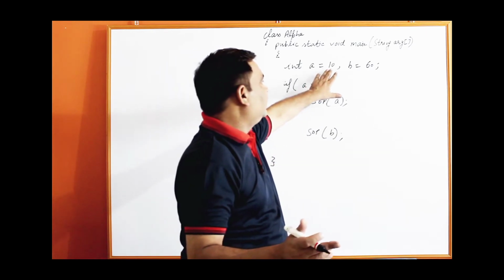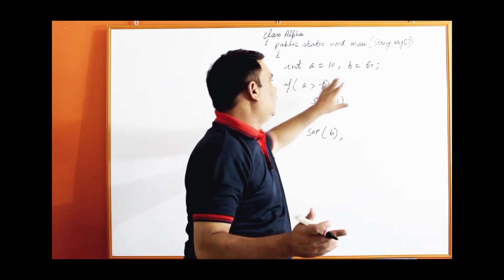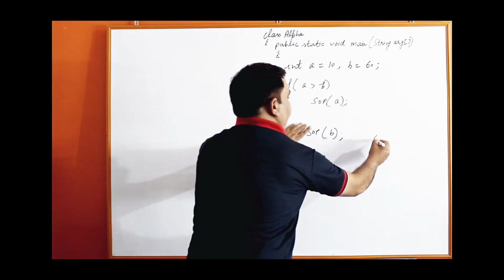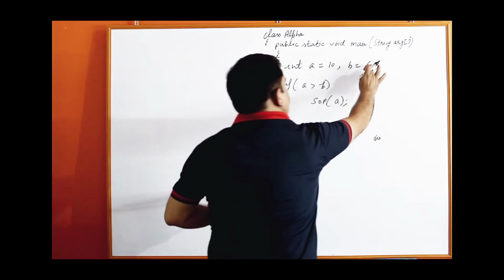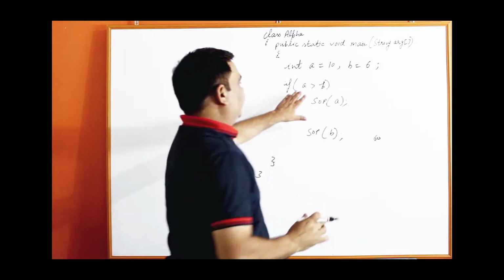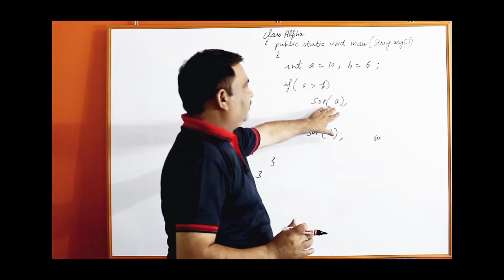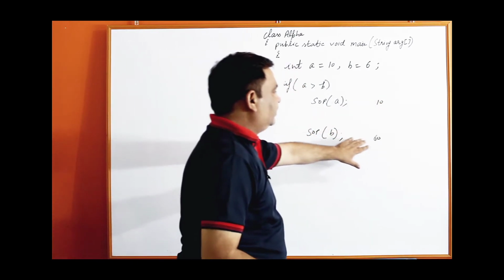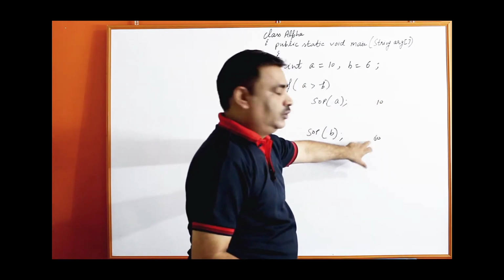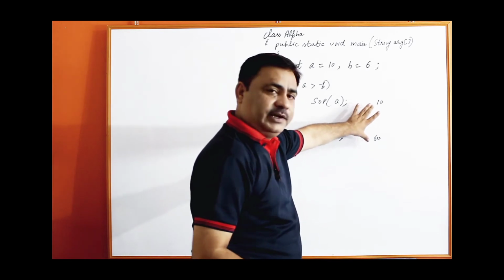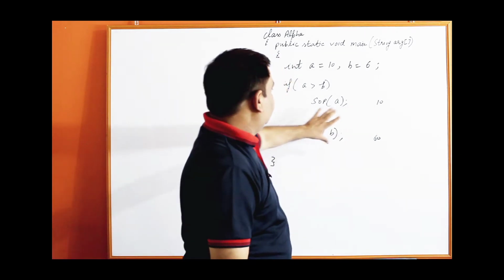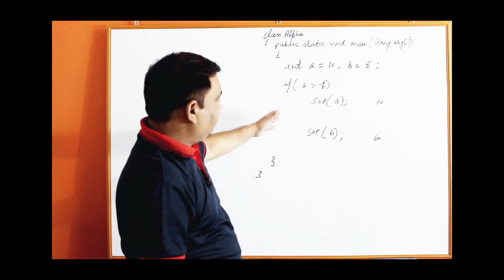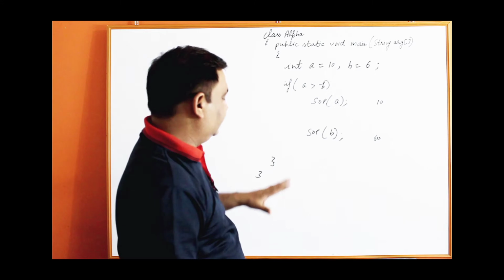So now according to this, the condition is false. 10 is greater than 60, no, so b, it means 60 will be printed. And suppose again it is 10 and 6, now the condition is true, so it will print 10, then control will come here, it will print 60, so 10 and 60, both values will be printed. So if can be used without else, this is the way.